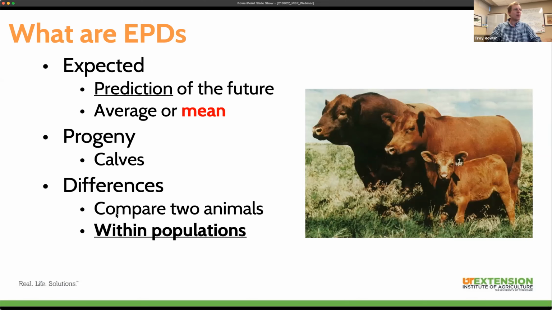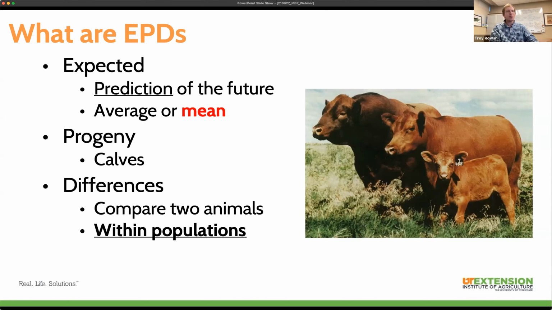And the difference component of this is EPDs allow us to compare the relative genetic merits of individuals to each other, right? So if we're looking just at the EPD of a single individual, not comparing it to anything, they're really kind of worthless to us. We always have to be making a comparison either to a breed average EPD or between selection candidates.